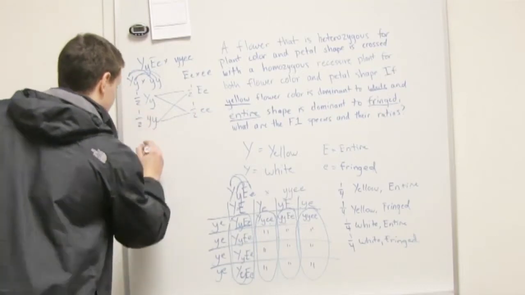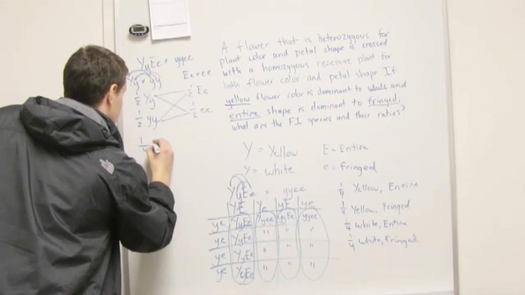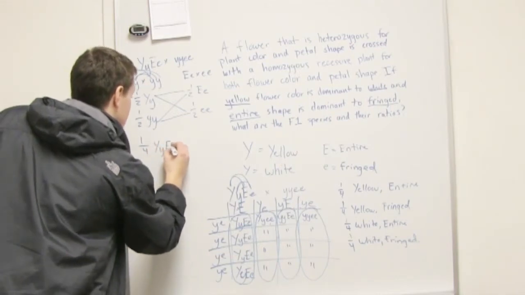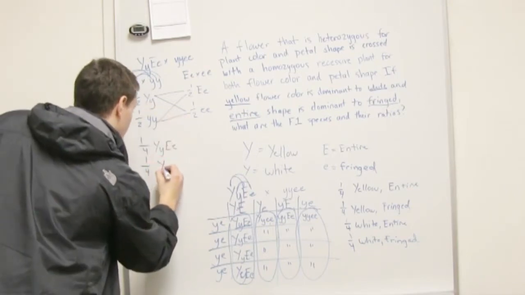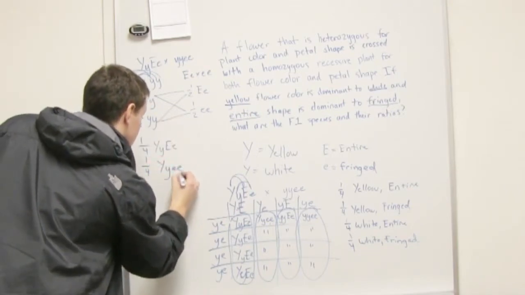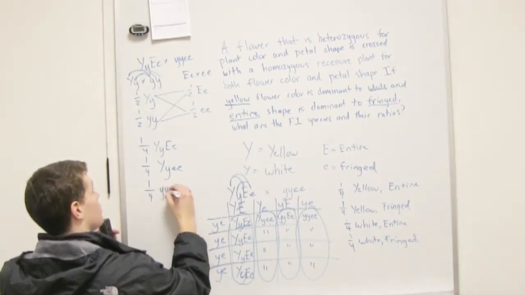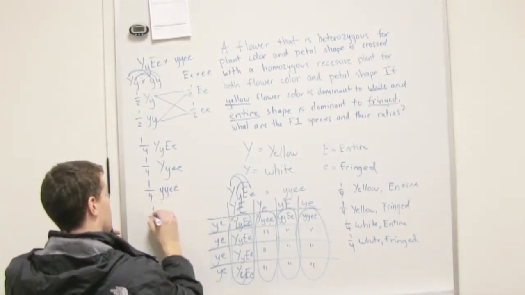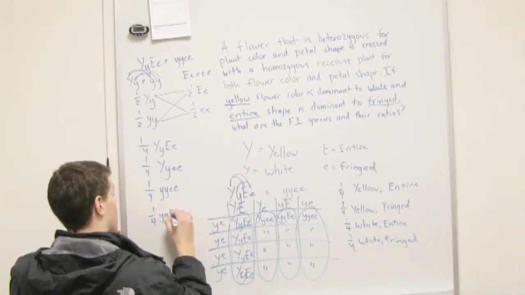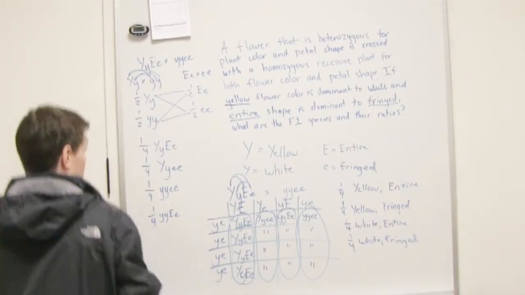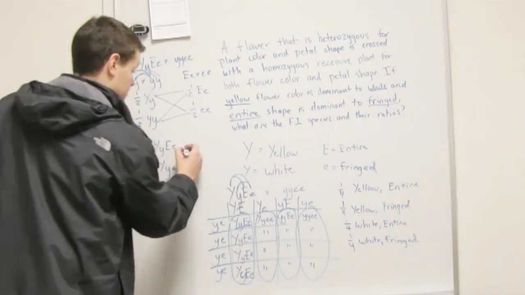You get 1/2 times 1/2 will give us 1/4 Yy Ee, 1/4 Yy ee, 1/4. And so if you wrote out these characteristics, you'd see they're exactly the same.